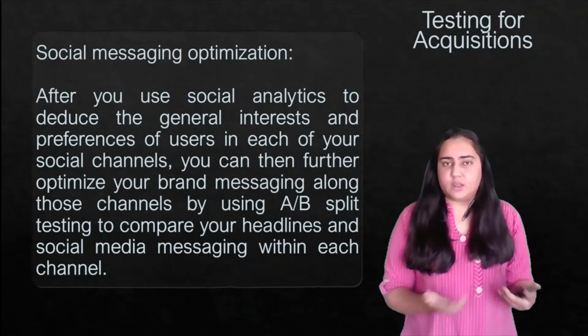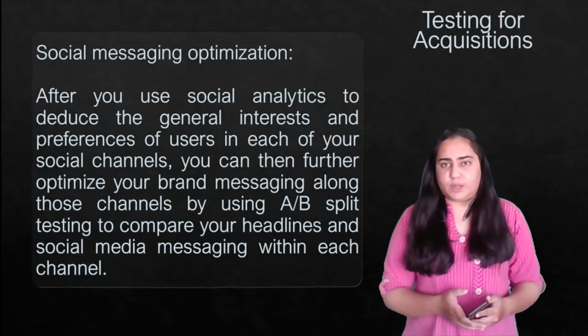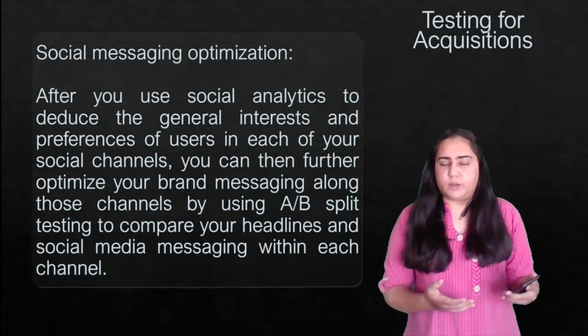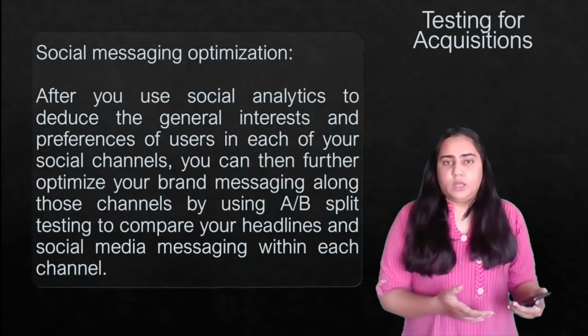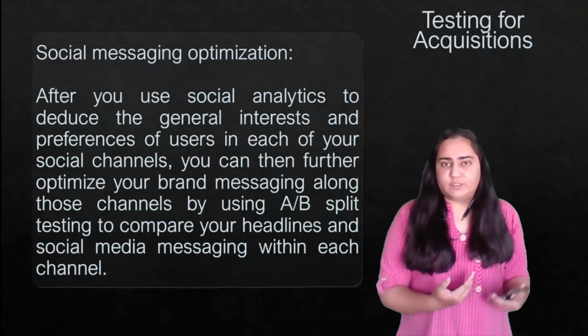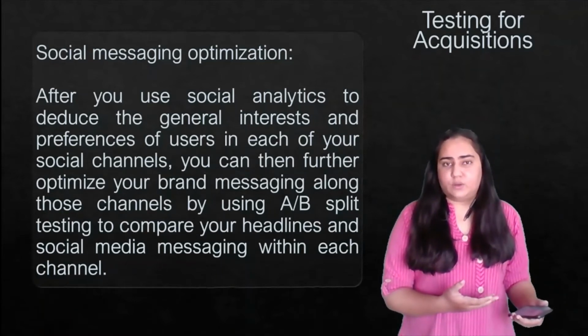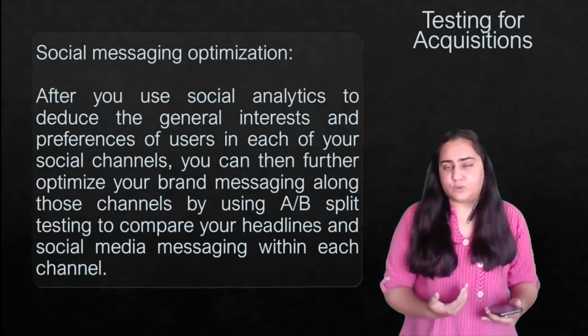So if you find that people on Twitter are most interested in knowing about gadgets and electronics, then you'd start posting about electronics that your e-commerce is selling on Twitter. After doing that, you would want to know if that is actually working, if that is optimizing your brand, if that is helping you to acquire more users.